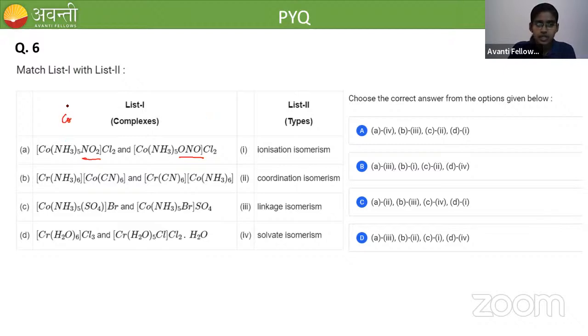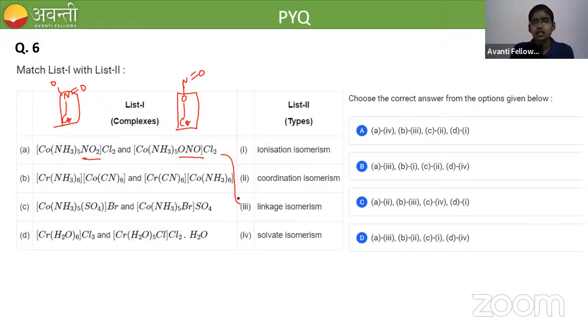In the first complex, to the cobalt, N is attached from nitro, and in the second complex, to the cobalt, oxygen is attached. So you can see the linked atom is different. So it is an example of linkage isomerism. So A goes to 3.